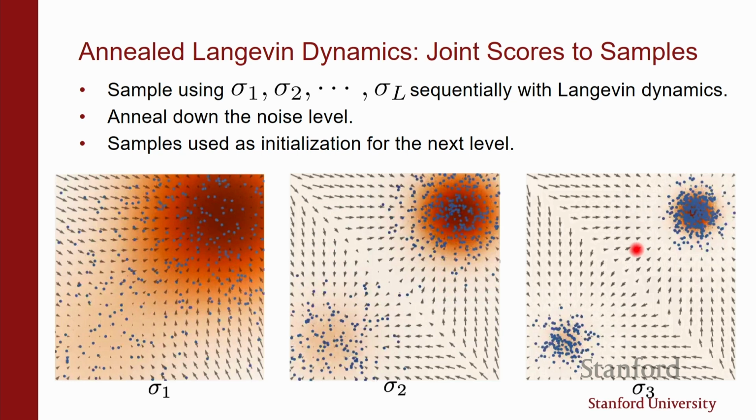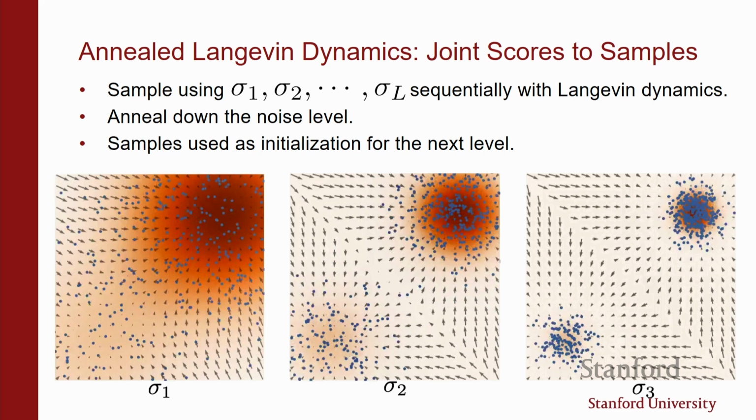But throughout the sampling procedure, we are always getting relatively accurate estimates of the scores because we are considering multiple noise scales. At the very beginning, where there was no structure in the data, we were following the score corresponding to data plus a lot of noise. Then as we add more and more structure, because we're moving towards higher probability regions by following these arrows, we can afford to consider the gradients of data perturbed with a smaller amount of noise.